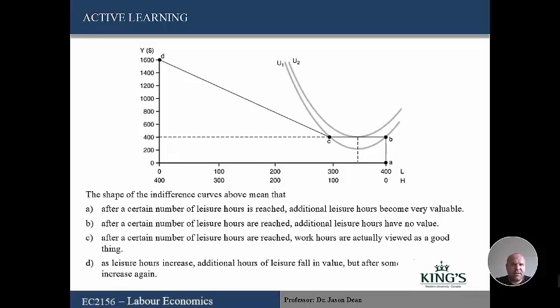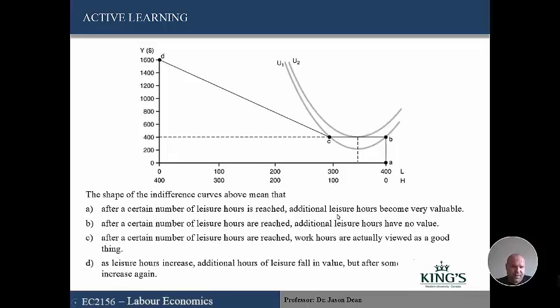So in that case, on this side, work must actually be viewed as a good thing, because if we take away leisure, we have to compensate for that by taking wages away. If the person works more by having leisure fall, that's a good thing for them when we can actually take away income and make them equally as well off.